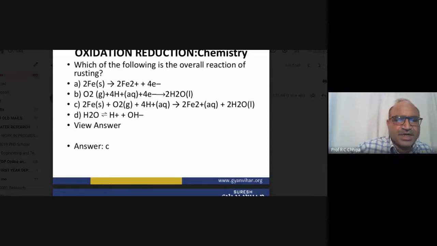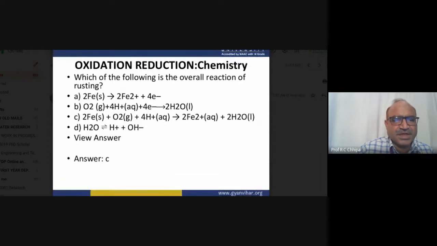The hydrogen cations, the acidic medium, give twice Fe2+ and twice H2O. So which of the following is the overall reaction of rusting? The correct answer is C.